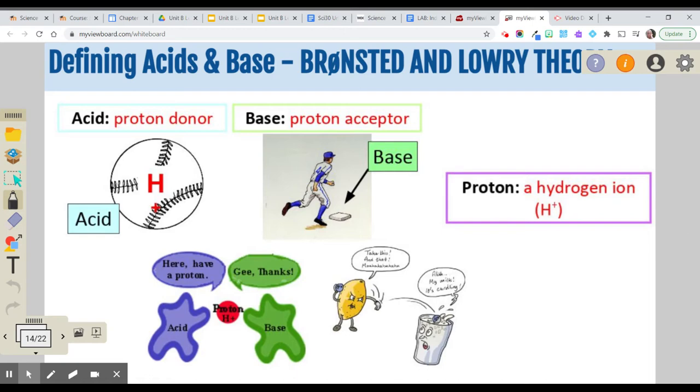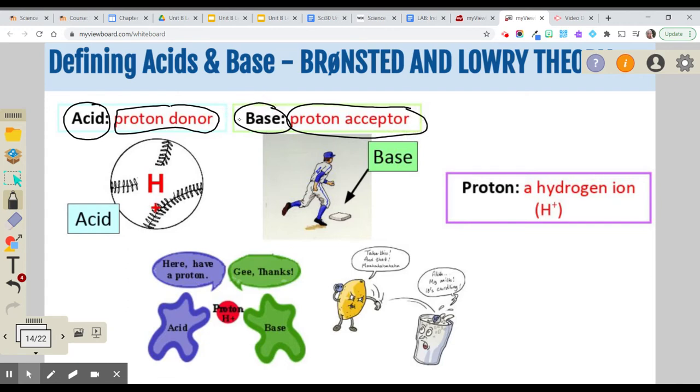So for Bronsted-Lowry, we need to figure out who is donating a proton in a reaction, and that is going to be called our acid. Whoever's accepting the proton is the base. And remember, a proton is just a hydrogen ion like this. Okay, so keep that in mind. You've got a proton donor, so somebody throwing the hydrogen to somebody else who's catching the hydrogen, which is going to be considered our base.